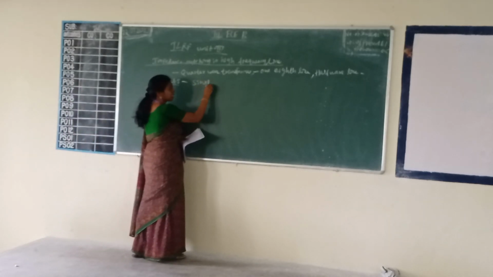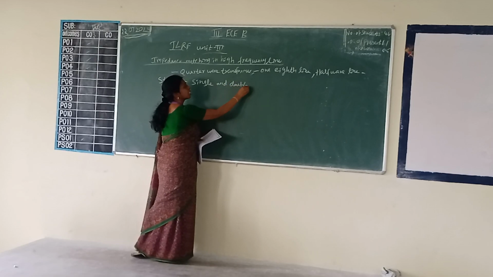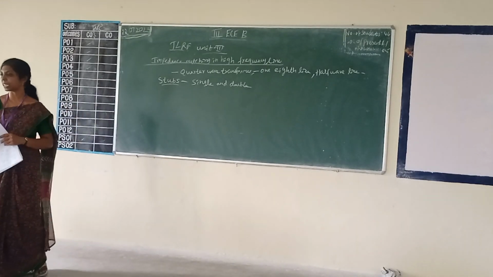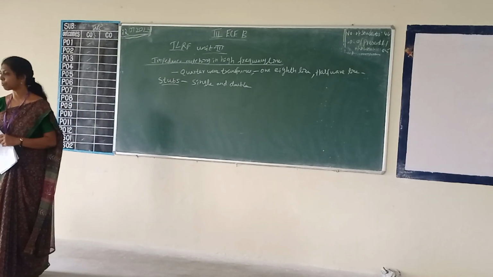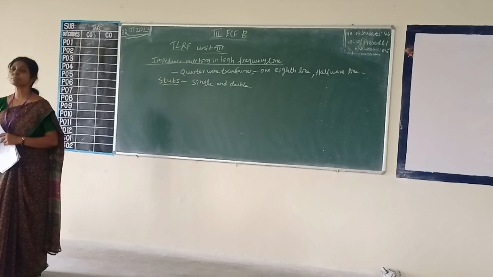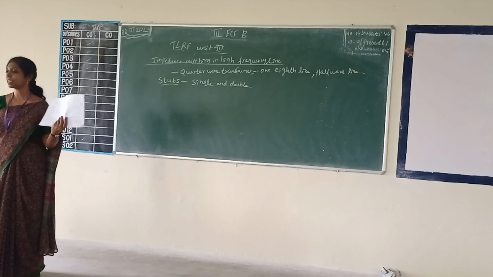Both are university questions, theory questions without Smith chart: derive the single stub matching and derive the double stub matching. Double stub matching is a very small thing, so they have asked it as an 8-mark question.